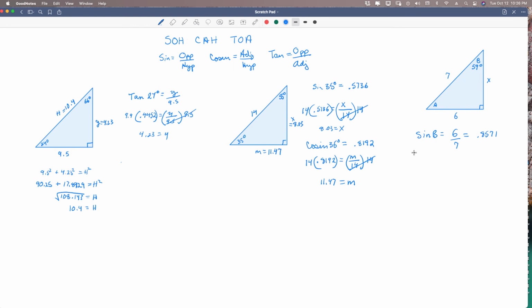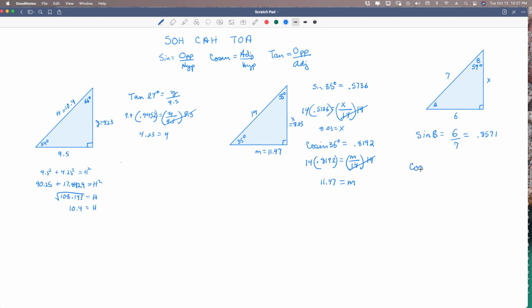All right, so now we should be able to find the length of x by using cosine, because we have the hypotenuse and we have B. Hold up, we've got to use the cosine of B. The adjacent over the hypotenuse is what we're doing.